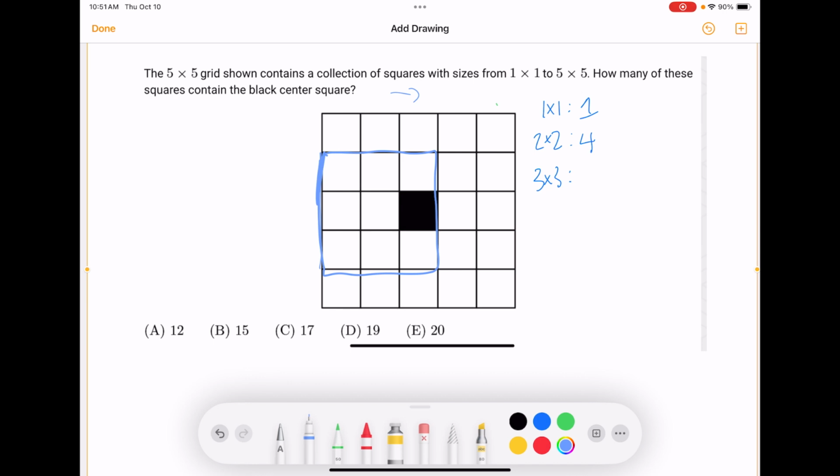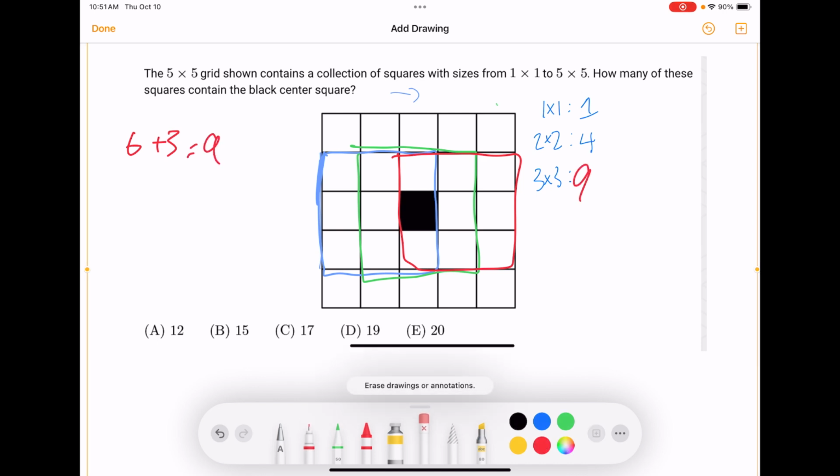And then we can move over. So we have this one, and this one. That's 3 more. We initially had 6 going horizontally, and that's 3 more, and that is it. So we have a total of 9 right here.